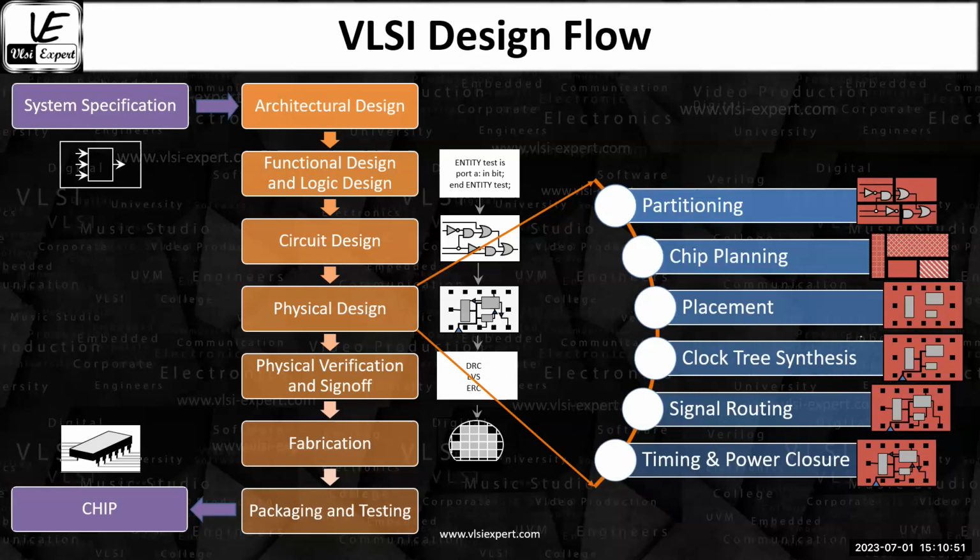The tool is able to fix, the tool is saying, okay, with this particular placement, you are able to achieve the 10 nanoseconds, but you will not be able to achieve the 6 nanoseconds. Then you say, no worry, I will do it myself, because I know your algorithm, you will take another 20 hours, but I know the problem, I will just fix it right now, just typing certain commands. So that comes as a part of closure, and what the tool does automatically comes as a part of optimization.